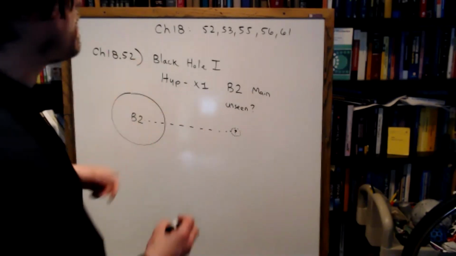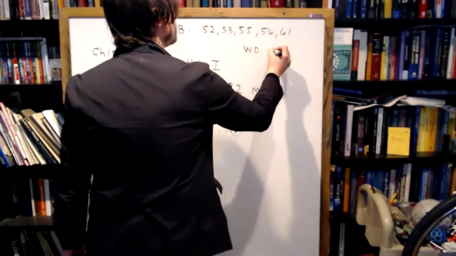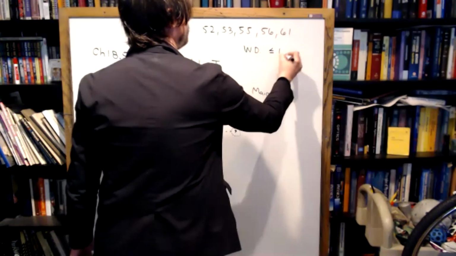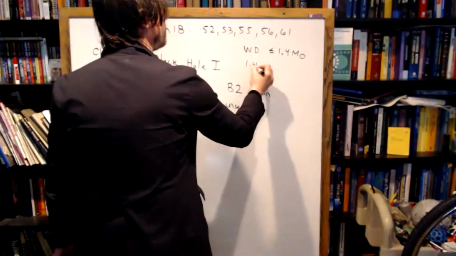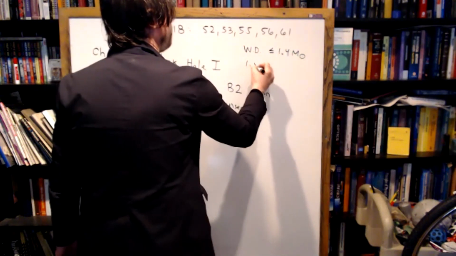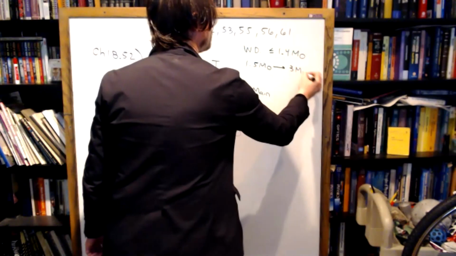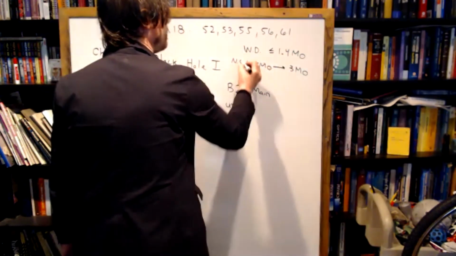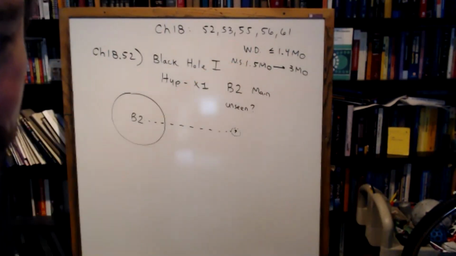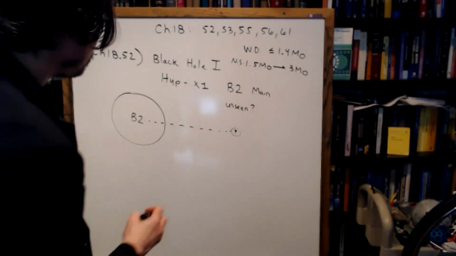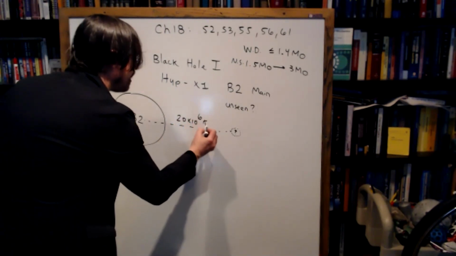Now, you guys will remember the mass ranges for these. A white dwarf is only a star that's less than or equal to 1.4 solar mass units. Neutron stars are anywhere from, let's say, 1.5 solar masses up to 3 solar masses. And a black hole will be anything that's over 3 solar mass units, because that's the escape velocity of light. Now, you've given us the separation is 20 million kilometers.